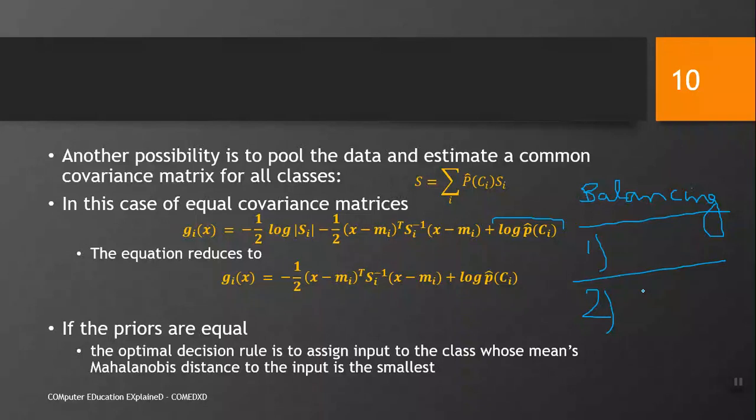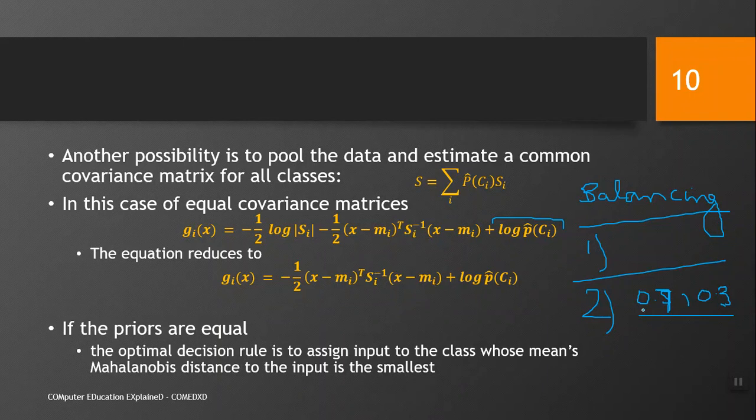For example, if we have 2 probabilities, one is 0.7 and the other is 0.3. We would multiply them with a number that would make them equal, right.